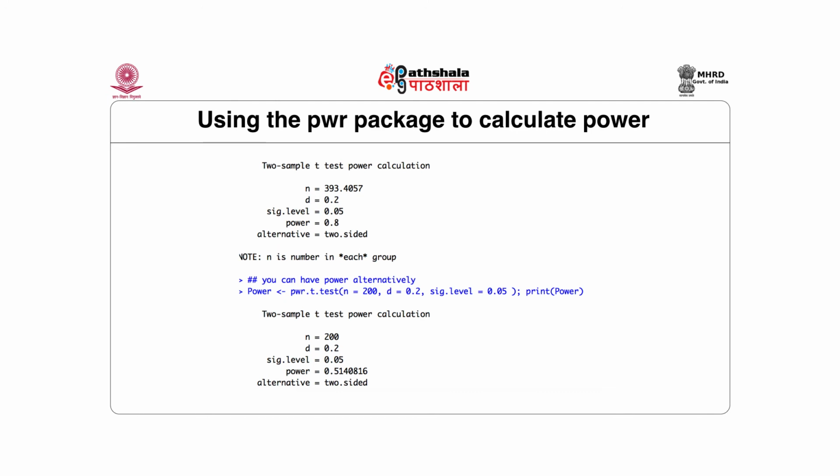You're going to calculate, rather than the number of people you're going to take, you now are constrained by 200 people. So the power of the study is going to come down, right? And see, the power of the study is only about 50%.